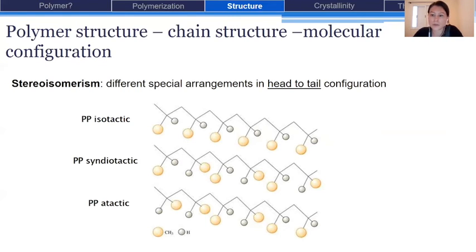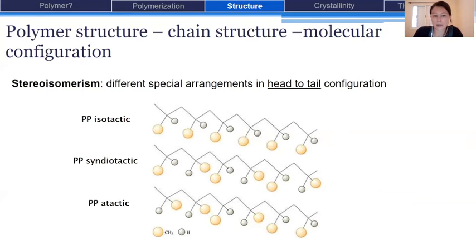Let's take the example of polypropylene. Polypropylene has similar repetitive units as polyethylene, but instead of having 4 hydrogen groups, we have 1 methyl group that is represented in that case with this yellow ball, yellow atom.